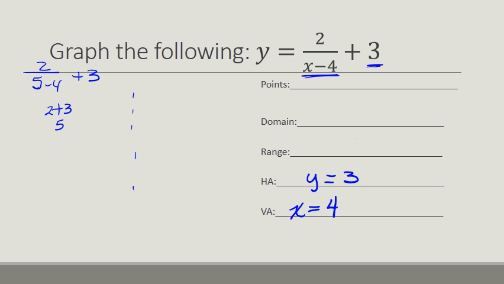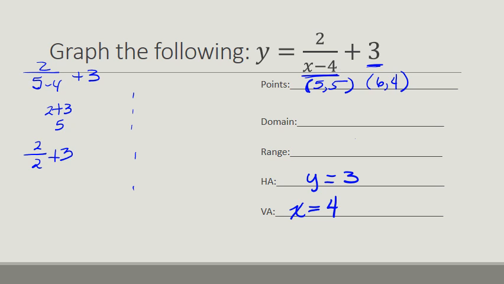So I have the point 5, 5. Okay. So that's on one side. If I pick 6, so 2 over 6 minus 4 is 2, plus 3 is going to be 4.